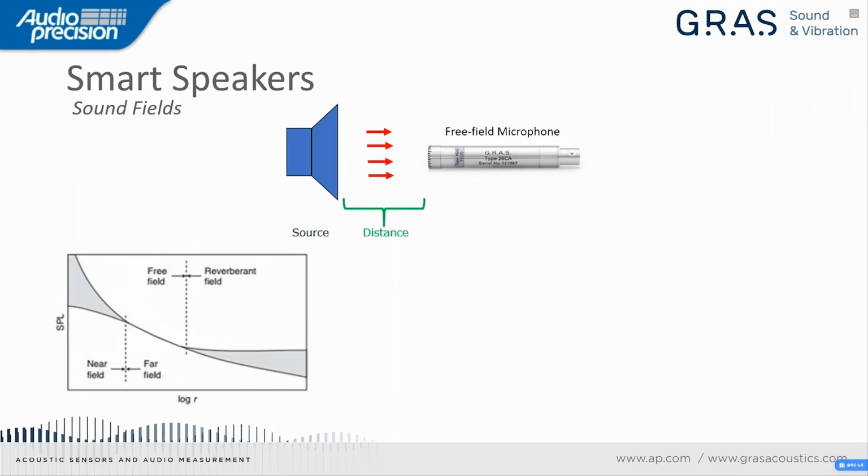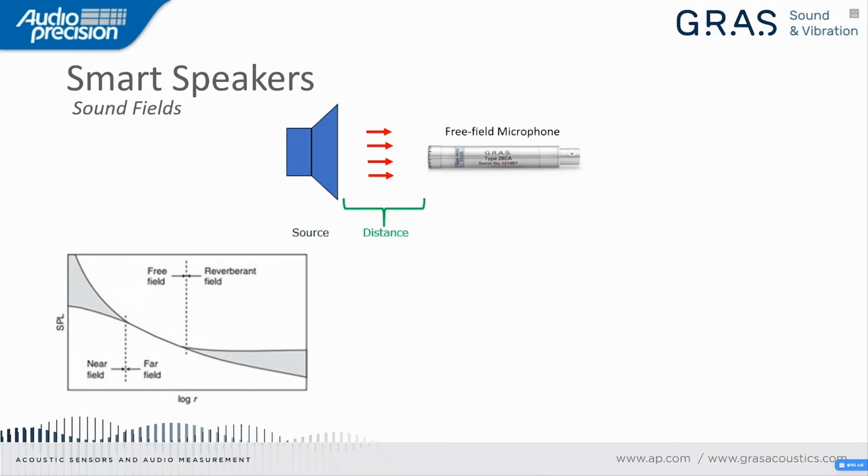In the near field, it doesn't matter if you move your microphone a little away from your source, you will still measure the same SPL level. The more you move your microphone away from the source, you will probably start measuring a little bit lower, but actually not much.